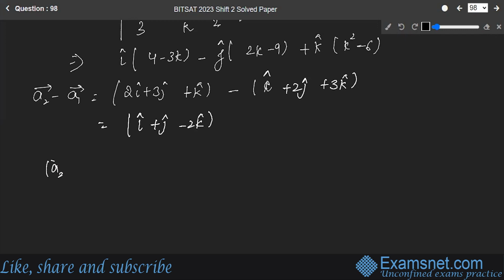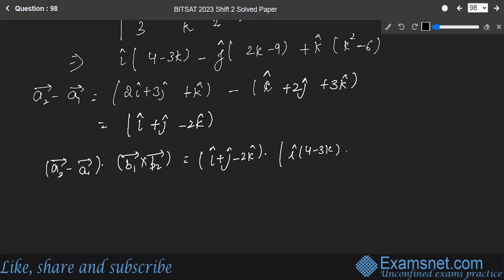Let's find out the dot product of A2 minus A1 dot B1 cross B2. So this will be equal to I plus j minus 2k dot product with I into 4 minus 3k minus this plus this 6. Right.